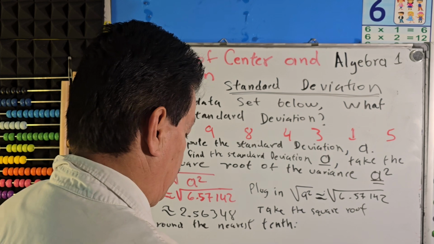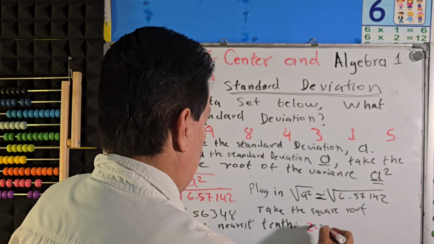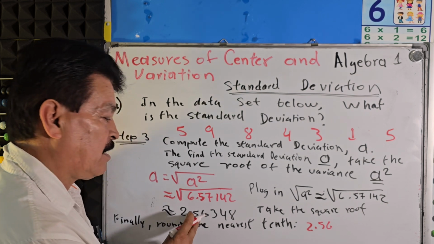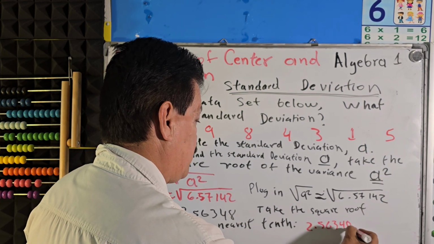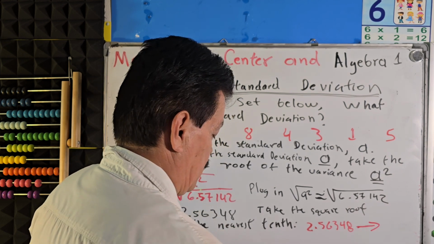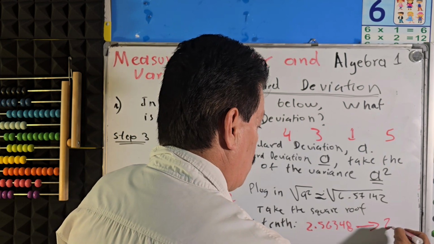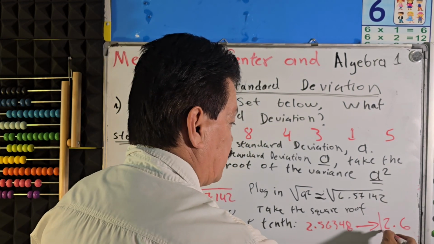So the nearest tenth is, you have here 2.56, this number 348, you simplify it, it is 2.6.